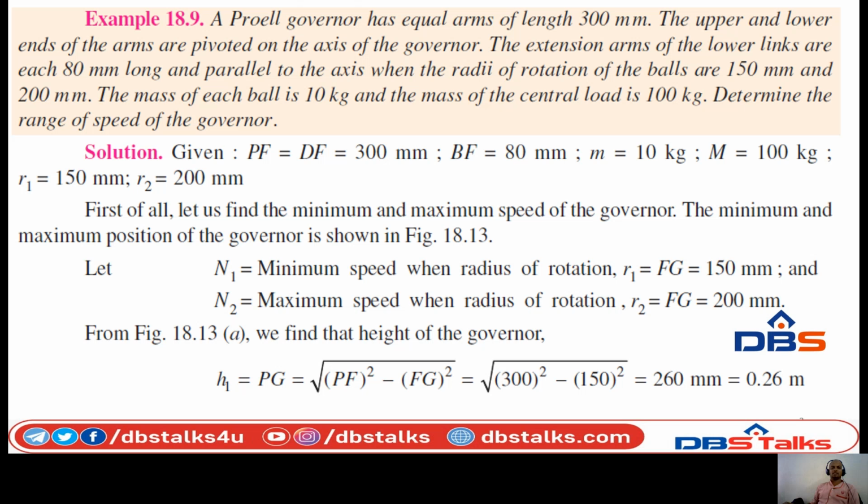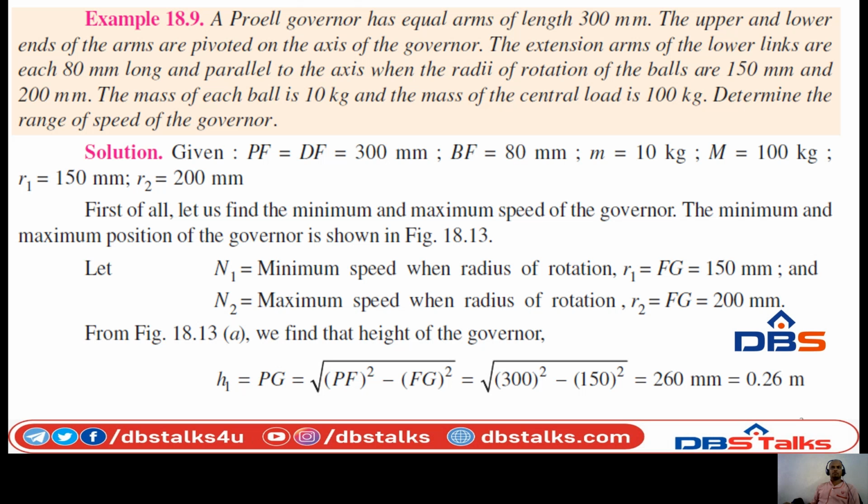We have covered that: N squared equals FM by BM into (m plus M by 2) into (1 plus q divided by m) into 895 by h. This is the final formula we get for the Proell governor with respect to the speed and the height of the governor. Now we are going to the problem.